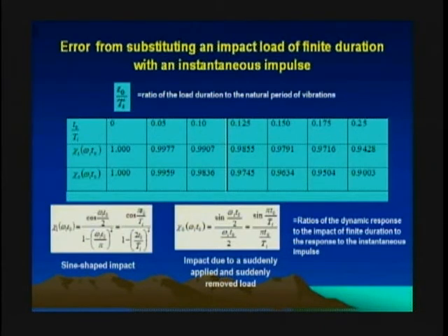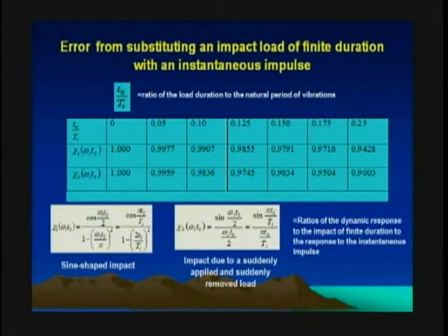And the upper line shows the actual duration of the impulse relative to the natural period of vibrations. Again, the upper row is a ratio of the load duration to the natural period of vibration.